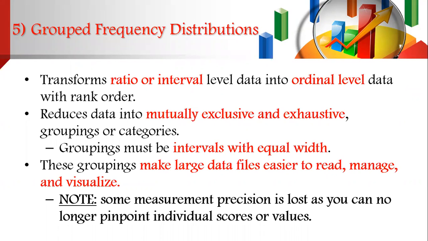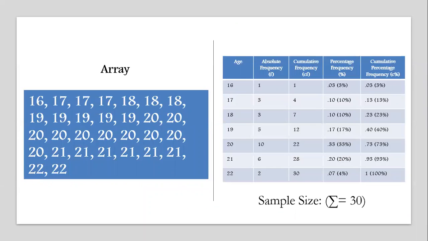However, it is important to keep in mind that these groupings must be intervals with equal width. These groupings make large data files easier to read, manage, and visualize. And it is also important to note that some measurement precision is lost, as you can no longer pinpoint individual scores or values. So here is an example.